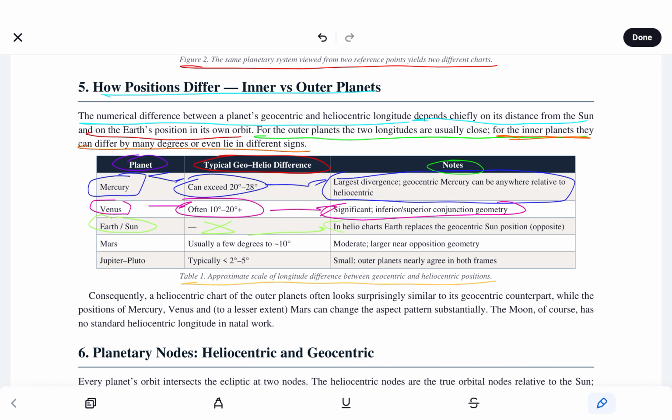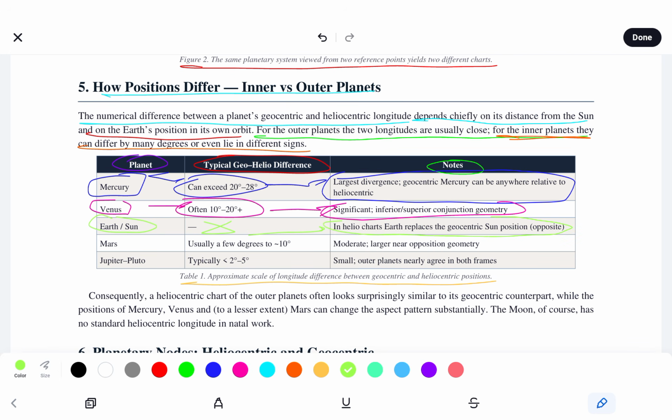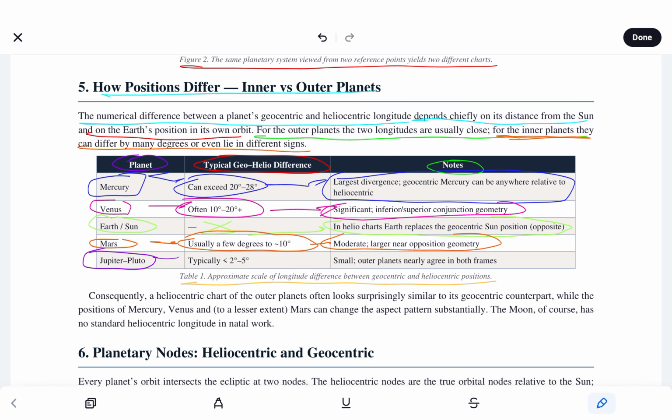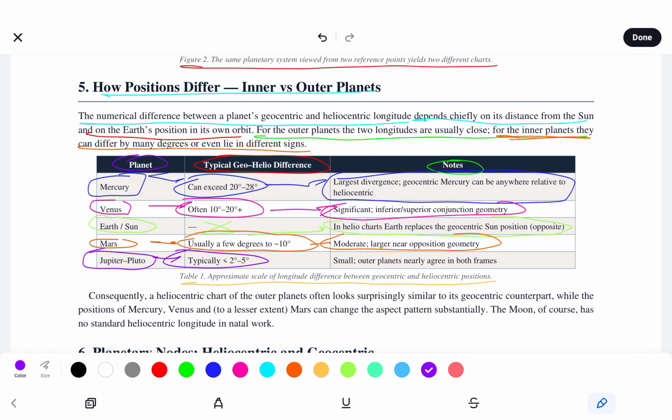However, in helio charts, Earth replaces the geo-Sun position, opposite. And we see Mars, usually a few degrees to 10 degrees, moderate, larger near opposition geometry. And we see Jupiter through Pluto, typically less than 2 degrees through 5 degrees. So the outer planets nearly agree in both frames.